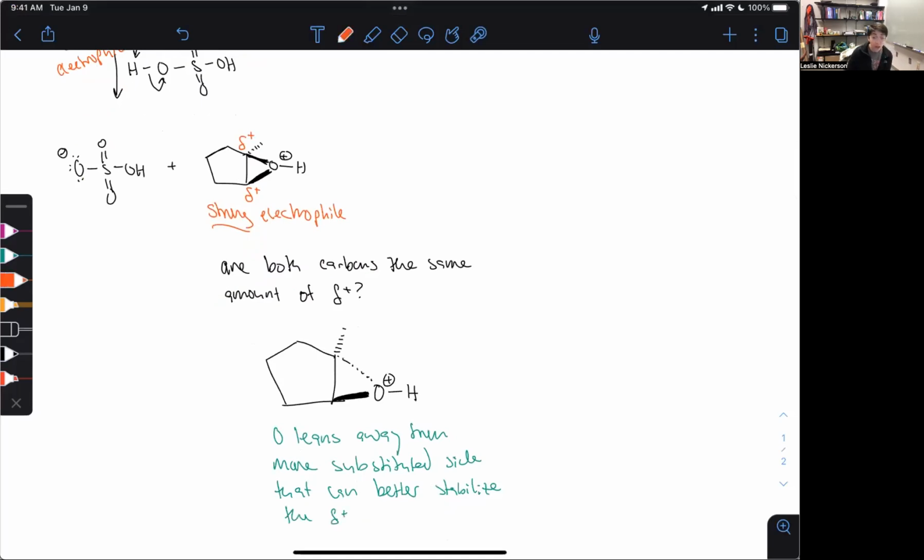This delta plus is much, much bigger than that delta plus.